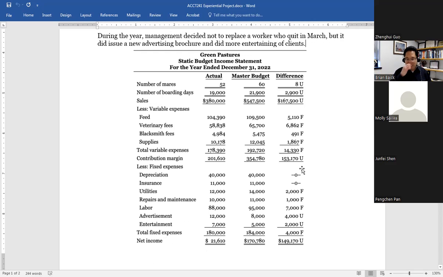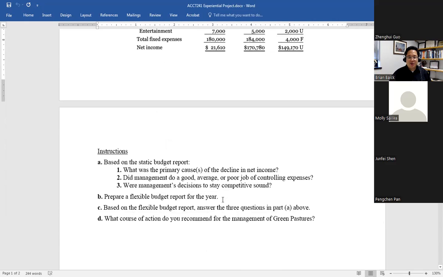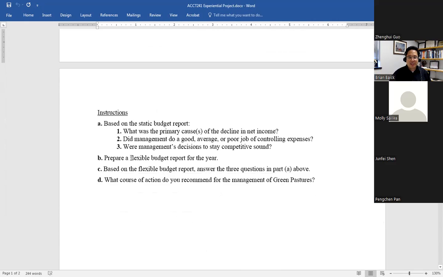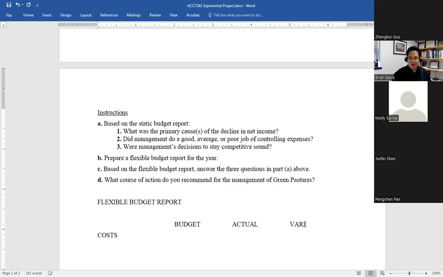What you need to do in this project is create a flexible budget report. What does that mean? That means figure out the different costs that they have. Figure out what the budget is, what the actual is, what the variance is, and you're going to provide some type of explanation.